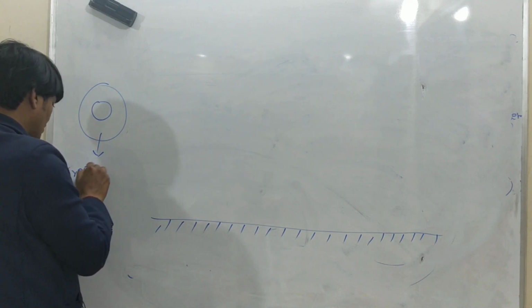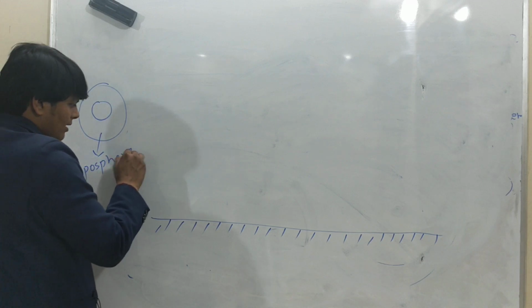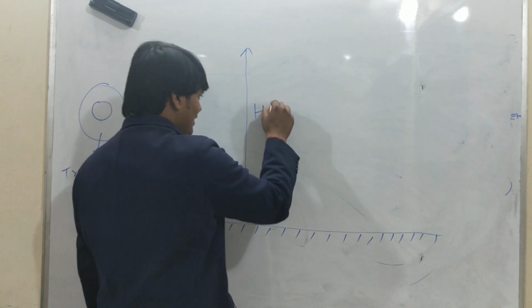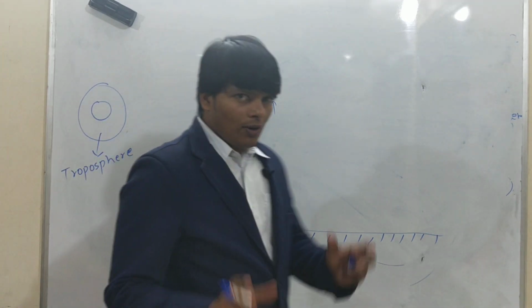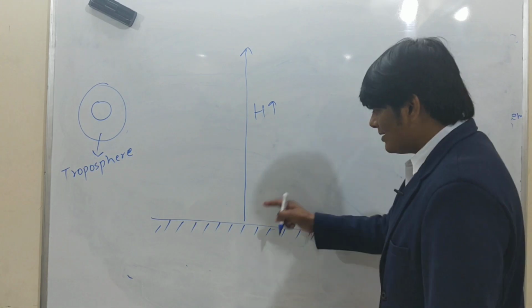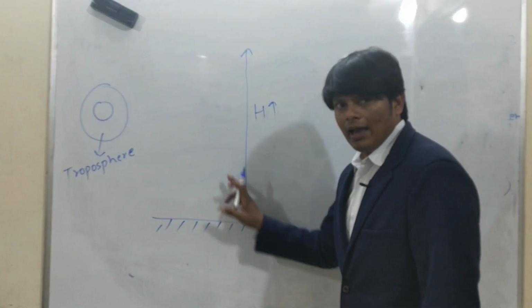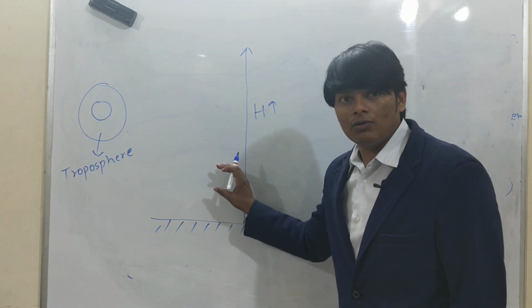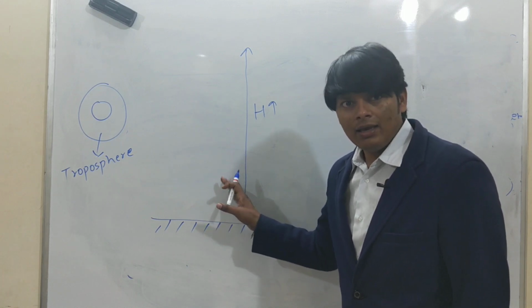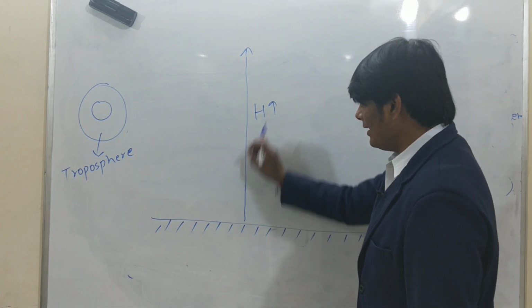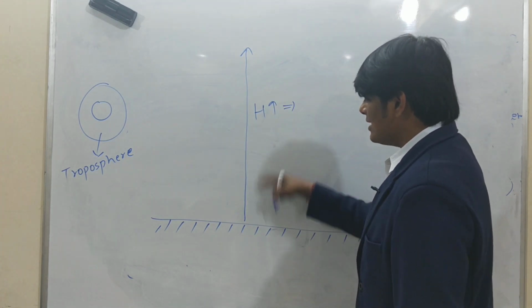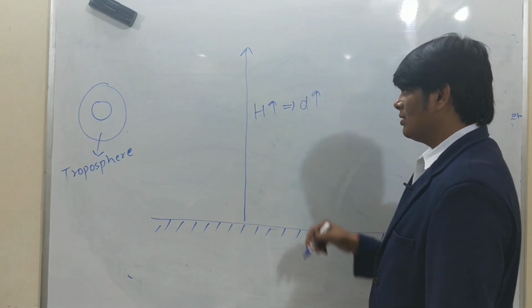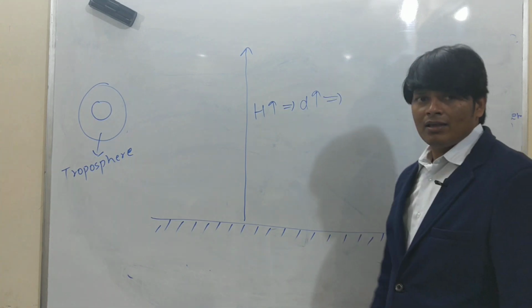If the height increases in the troposphere, the distance between Earth and the particles of the atmosphere is increasing.